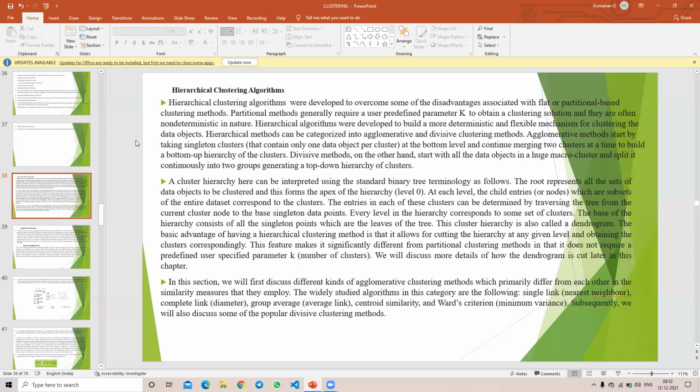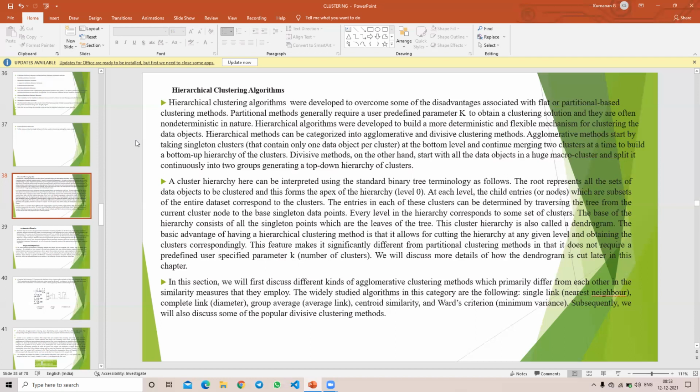There are two methods in this hierarchical clustering: one is agglomerative and another is divisive. Divisive methods, on the other hand, must start with all the data objects in a huge macro cluster and split it continuously into two groups, generating a top-down hierarchy of clusters.